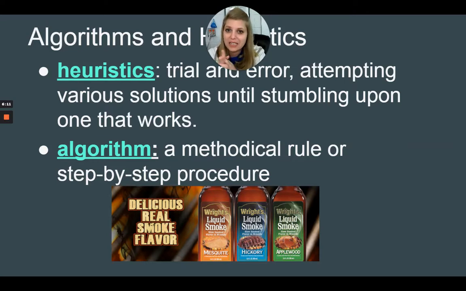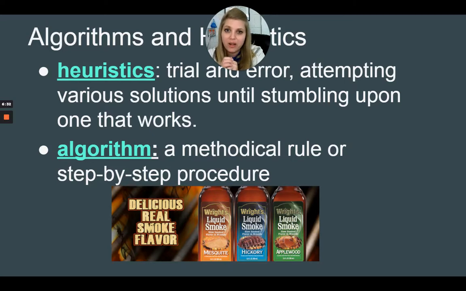Its opposite is actually known as an algorithm. Some of you might have heard of algorithms in your mathematics classes or in computer coding, finding an algorithm. An algorithm is a method or a rule, or what we think of as a methodical step-by-step procedure.